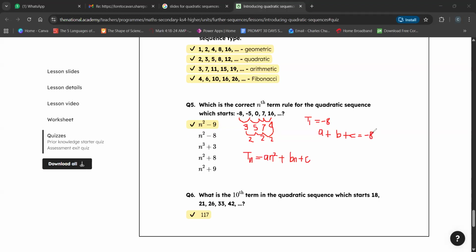Do you know how I got that first equation? Oh, yes. Okay, so I just substituted 1 there.